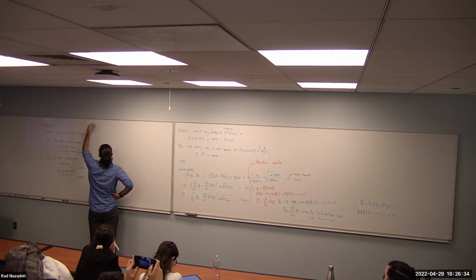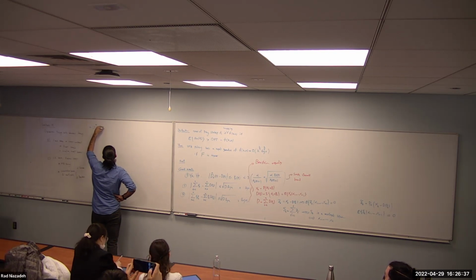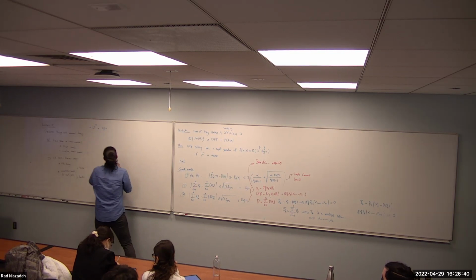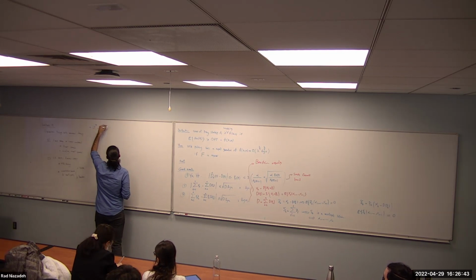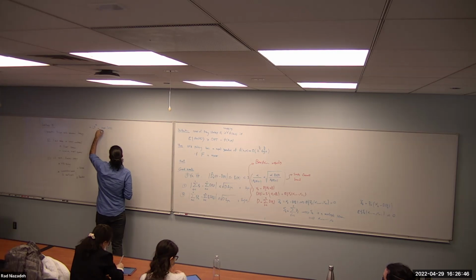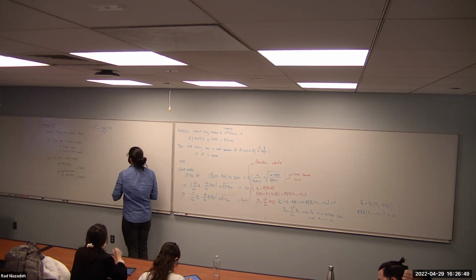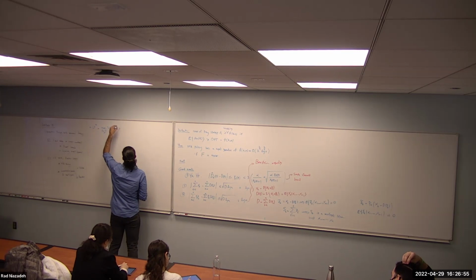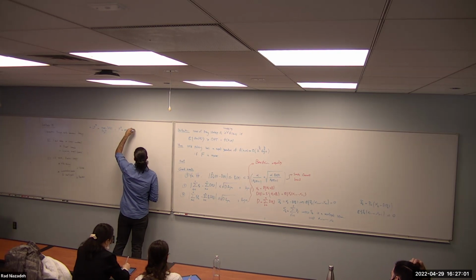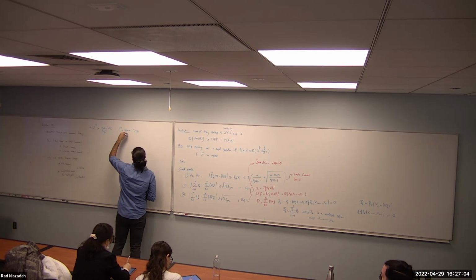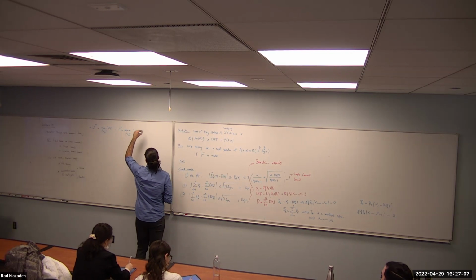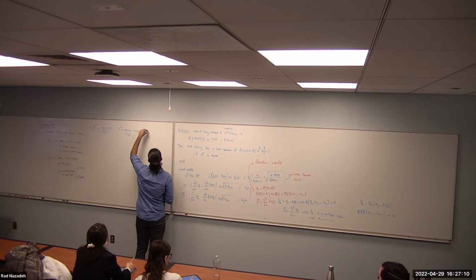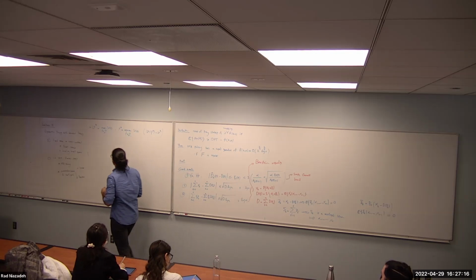Let's define V star to be the max of V of P for all the P's in the set curly P. Then we define P star to be the argmax of V of P for all the P's in the set P. Therefore, V of P star is basically this.